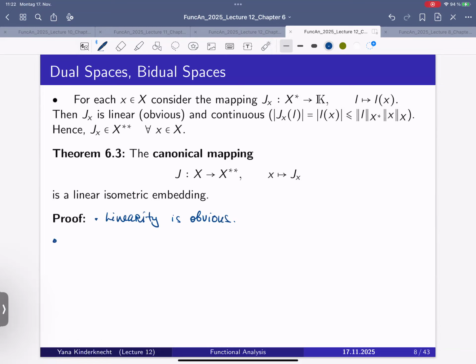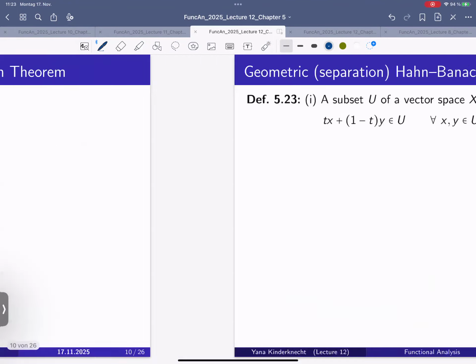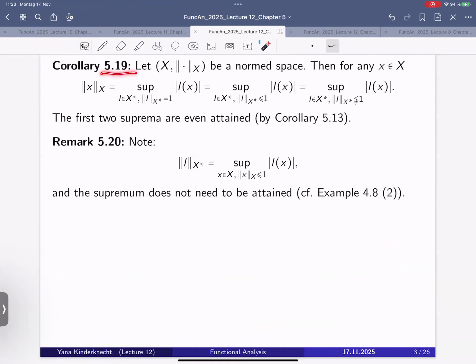Now to show that it is an isometric embedding, so by Corollary 5.19, I guess I'm still able to show it. We have discussed it today. Yes, Corollary 5.19. So the norm of x is given, for example, like this.